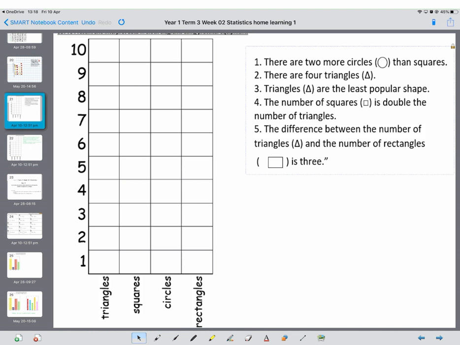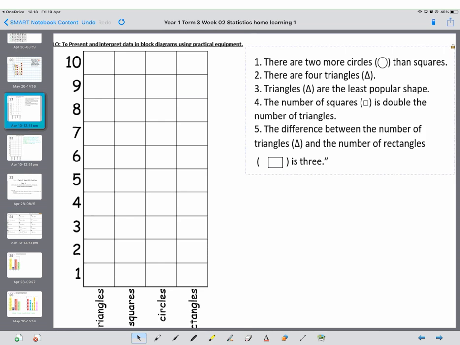I'm going to start you off by giving you the triangles because that's given to us. And then I want you to work with your grown-up and try to work out how many there are of each one and draw them on some kind of chart. And then we'll have a go through in just a moment. So, triangles, we know there are 4.